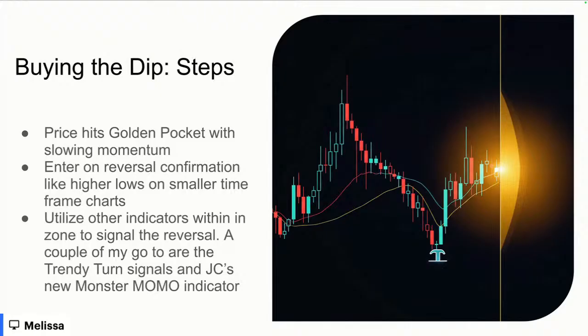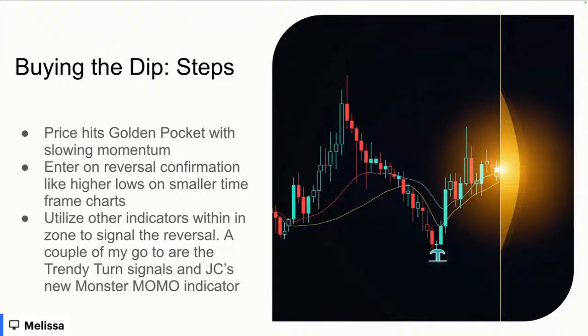A couple of my go-to indicators are the Trendy Turn Signals and then JC's new Monster Momo indicator. I have been testing that out inside of the golden pocket, and it is working very well to give me that confirmation that I'm not catching a falling knife.